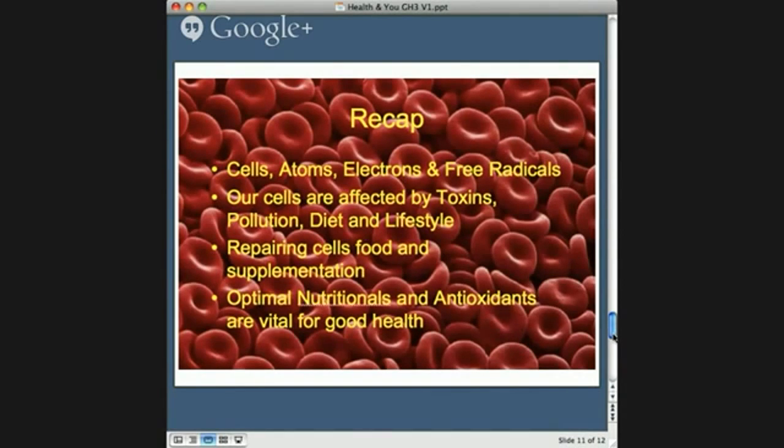These electrons are broken off because of toxins, pollution, diet and lifestyle, and repairing cells can be done through our foods or through supplementation. Optimal nutrition and antioxidants are important for good health of our cells and of each of the atoms.